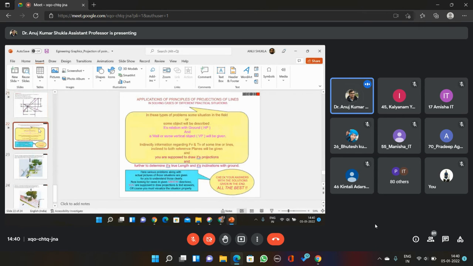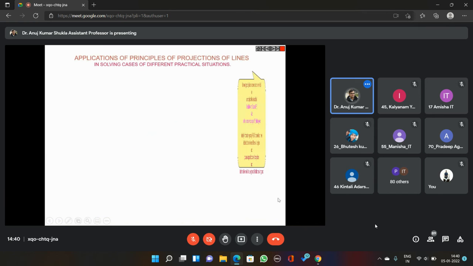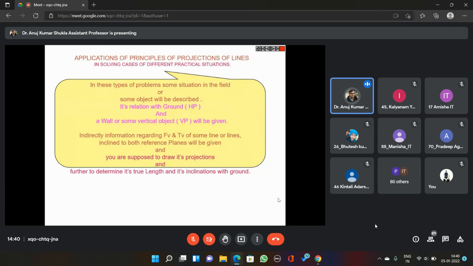So then you will see here applications of the principle and projection of lines in solving different practical situations. In these types of problems or situations in the field, some object will be described with its relation to the ground, HP, and a wall, or some vertical object will be given.